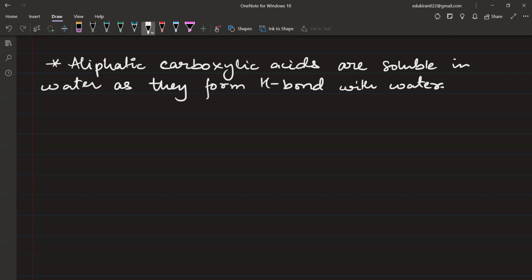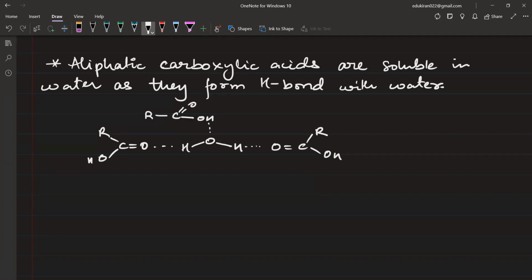How will they form hydrogen bond? Okay, so it has hydrogen bond between एक तो आपका both the hydrogens of water is having hydrogen bond and also the hydrogen. ठीक है?